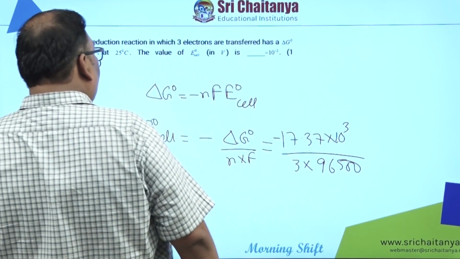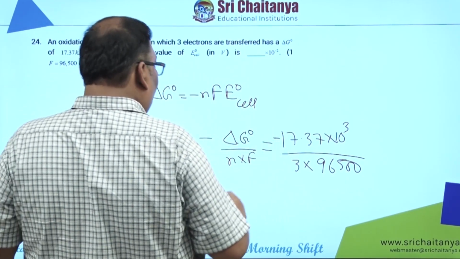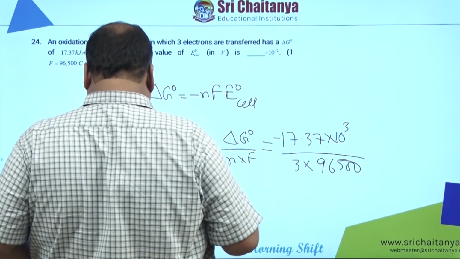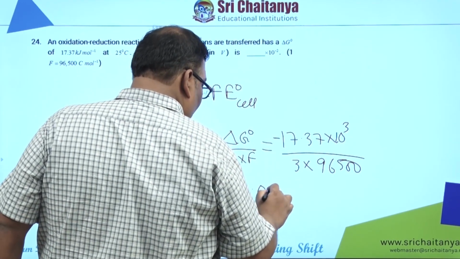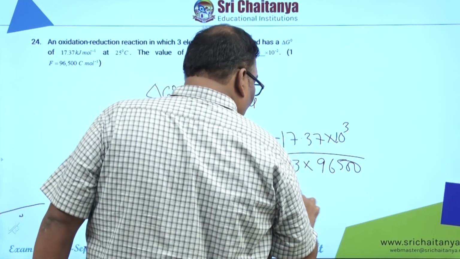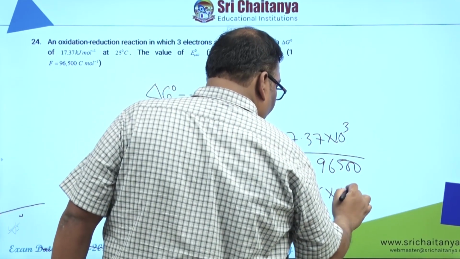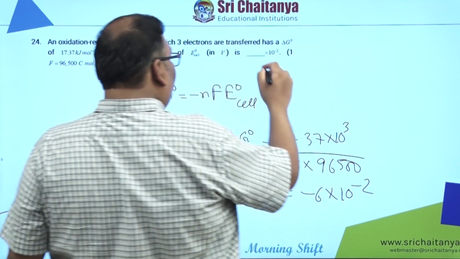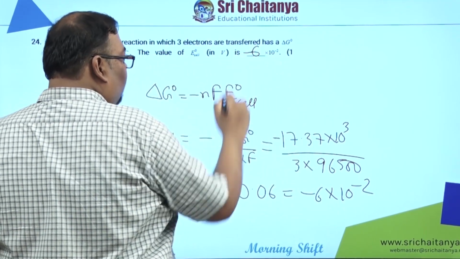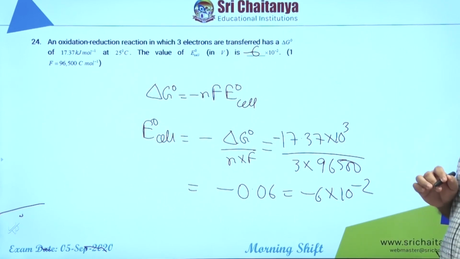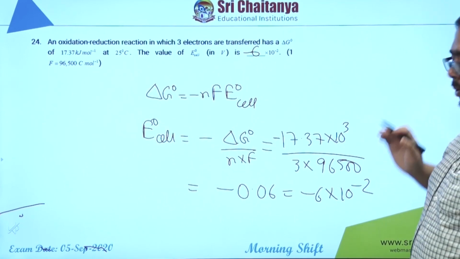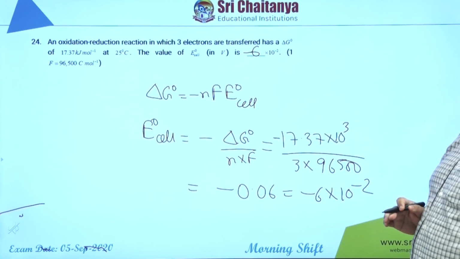If you do the calculation, it will come out to be minus 0.06, and this I can write as minus 6 into 10 to the power minus 2. So the answer should be minus 6. The correct answer for this question is minus 6. This is the calculation, a very simple calculation here.